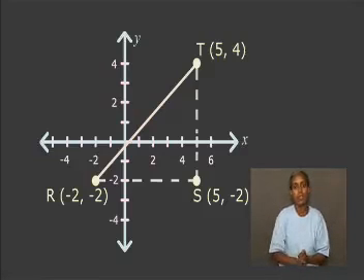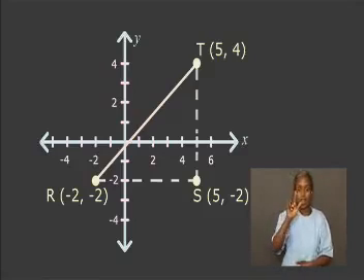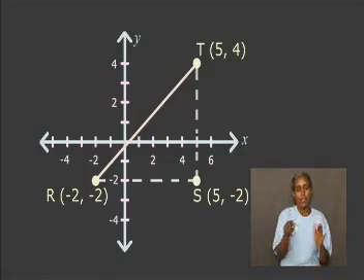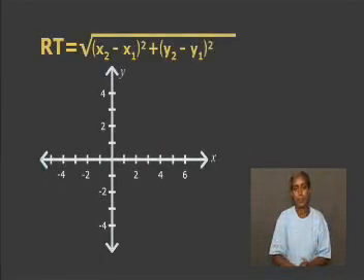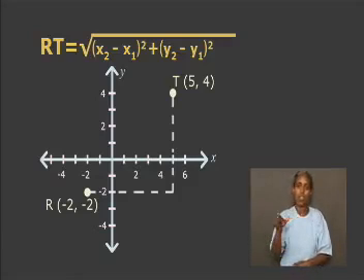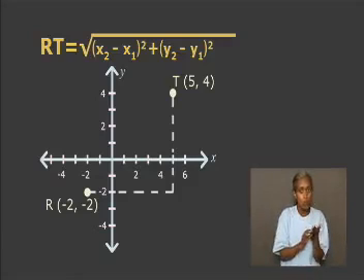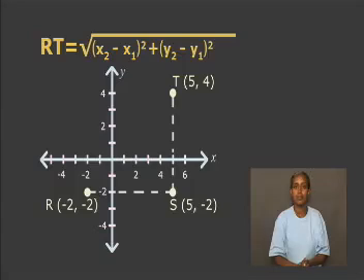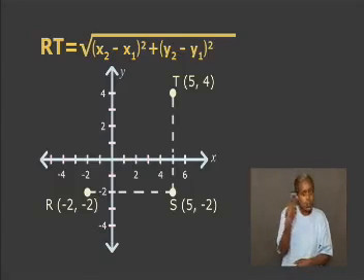The horizontal line and the vertical line intersect at S, 5, -2. Now, we have a vertical line and a horizontal line that form a right-angled triangle at S. We can use Pythagoras' theorem to find the length of the line RT.